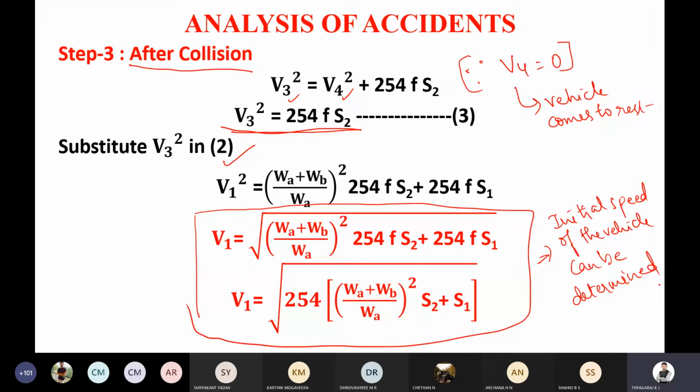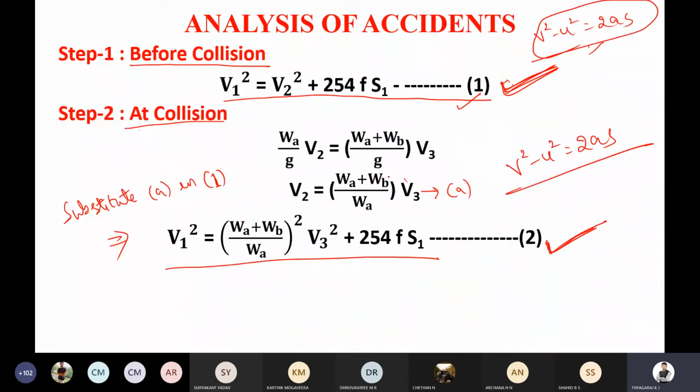So the same concept here also we are applying: v square minus u square is equal to 2as after collision, but u becomes 0 here. Why? Because the vehicle comes to rest after collision. Now substitute v3 square in this equation 2.